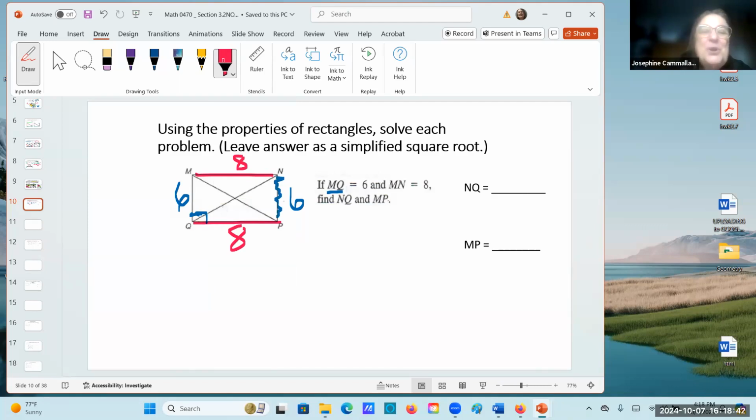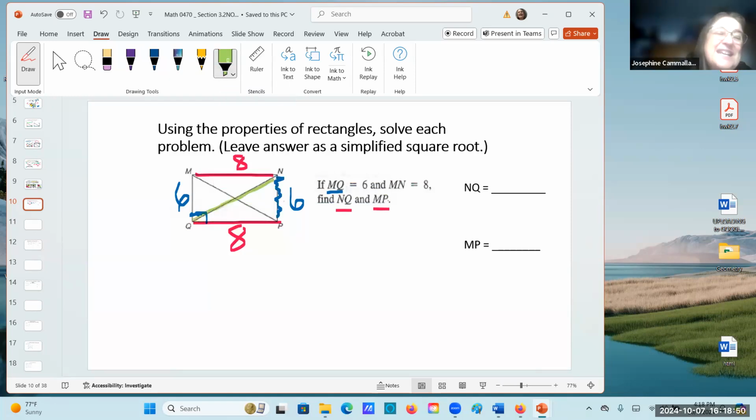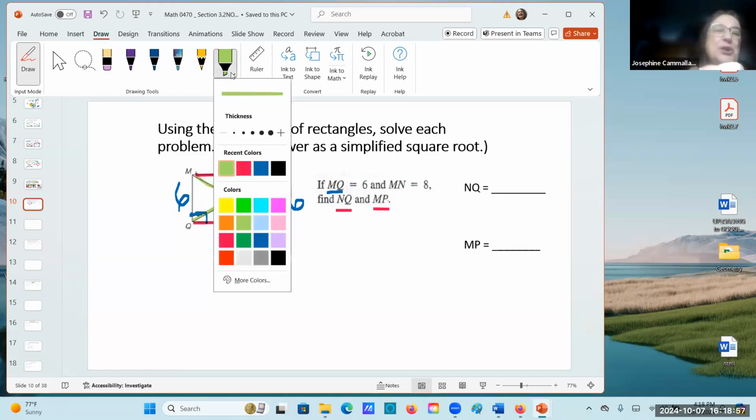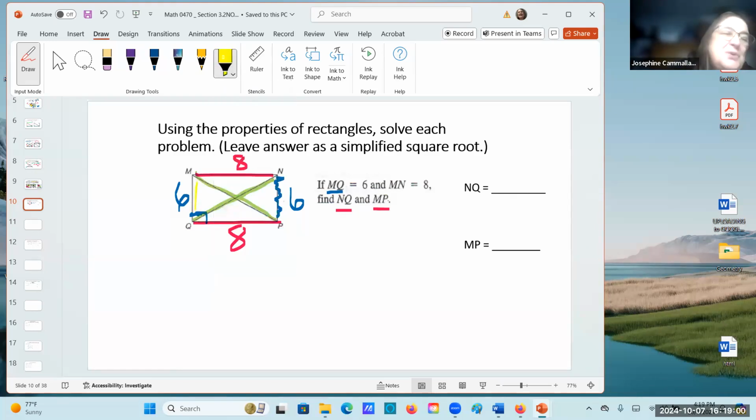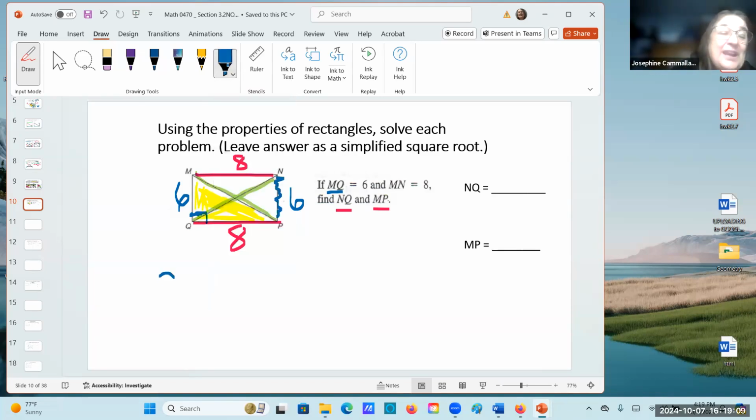Now, you want MQ and MP? Well, notice that is the diagonals. Using just this yellow triangle that I'm highlighting, I have A squared plus B squared is equal to C squared.